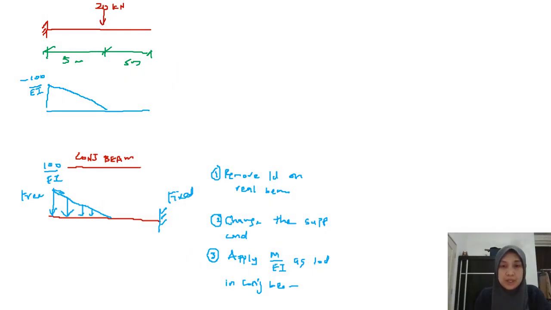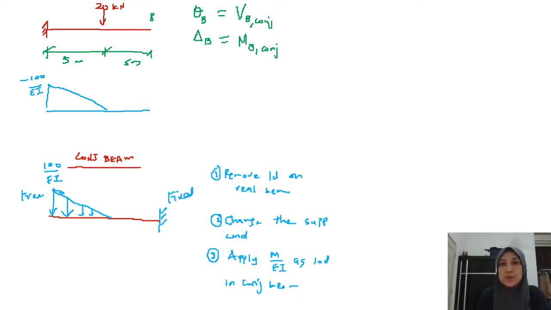So what you are asked to do for this question, don't forget, is to find the slope at B and the vertical deflection at B. The slope at B will be equal to the shear at B inside your conjugate beam, and the deflection at B will be equal to the moment at B for your conjugate beam.